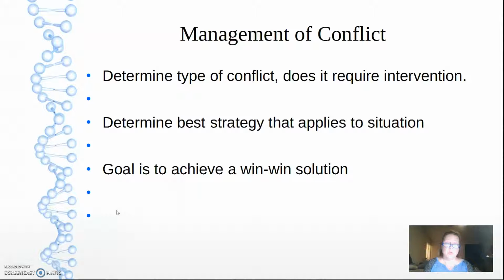Smoothing is sometimes necessary when emotions are a little high and we need to cool off a little bit. And then there's avoidance or collaborating. Avoidance is just ignoring that there's an issue, and sometimes that's not so good because it becomes internalized. So we determined the best strategy that we can apply to the situation. Ours, again, was compromising. And then our goal is always to achieve a win-win solution.